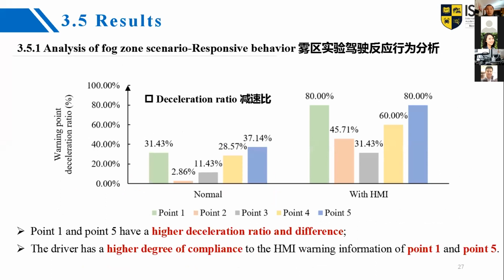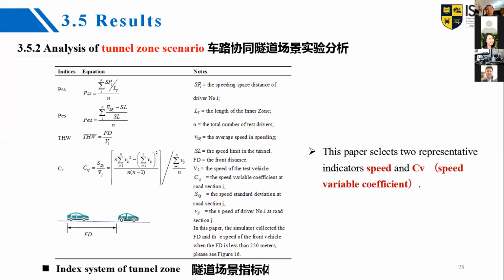For deceleration rate of 5 points, the driver has a higher degree of compliance to the HMI warning information of 0.1 and 0.5. From this page, we go to the tunnel zone scenario.